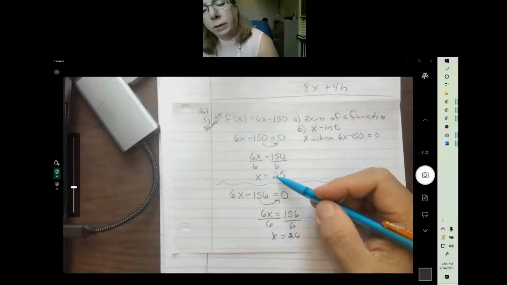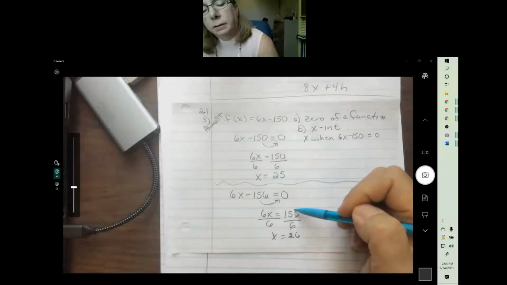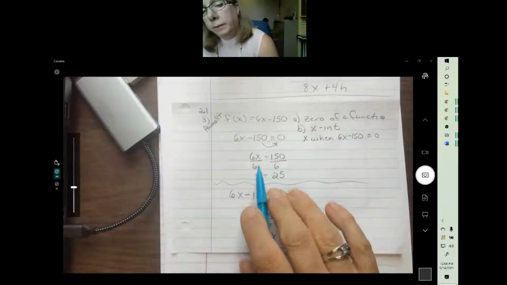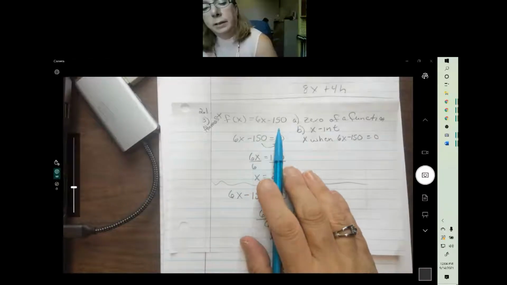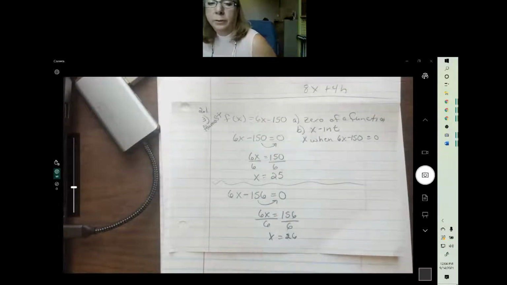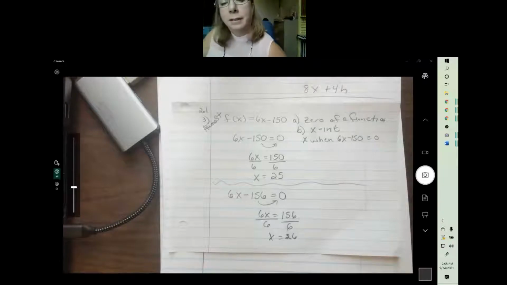I was thinking this was 50 and added 1 because of the 6. So this one we did with 150. And then I did it again because the actual problem said 156. So the answer to 3 should be 26. Would be the 0. Sorry about that. It's just one of those days.